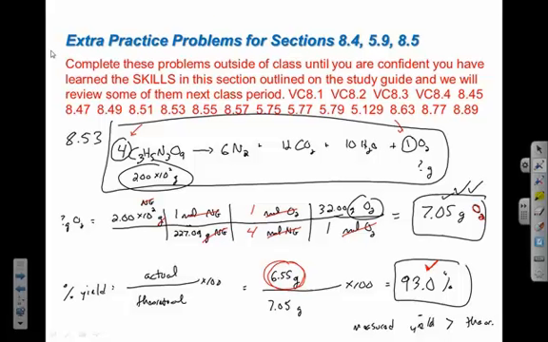So if I do this reaction in the lab, I get my gas that was produced, I measure its mass, and I find that its mass is more than 7.05 grams. What does that suggest?